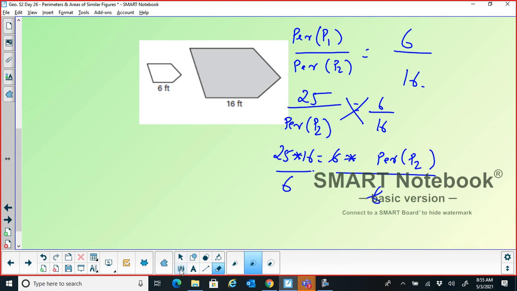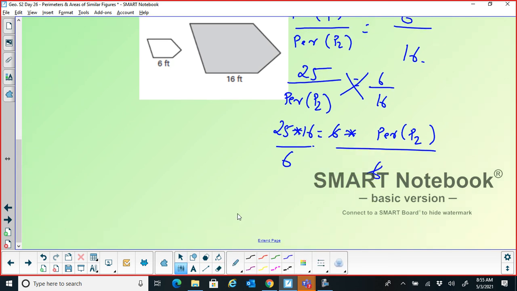Dividing by 6 on both sides, I'll get the perimeter of the second one. 25 times 16 is 400. Dividing by 6, I get 66.667.